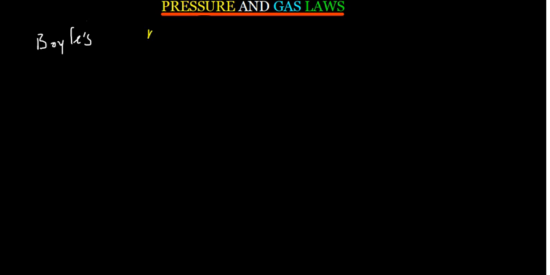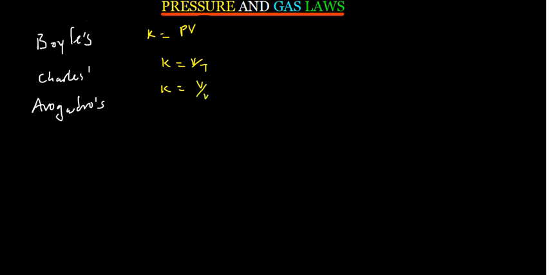We know that K is equal to PV. That's from Boyle's law. Then if we go to Charles's law, we found that K is going to be V divided by T. If we go to Avogadro's law, we found out from this one that K was equal to V over N.